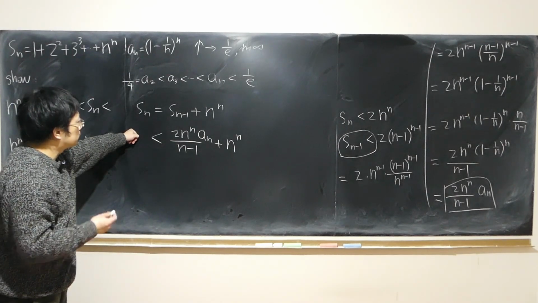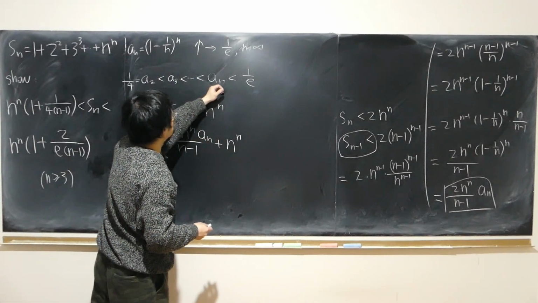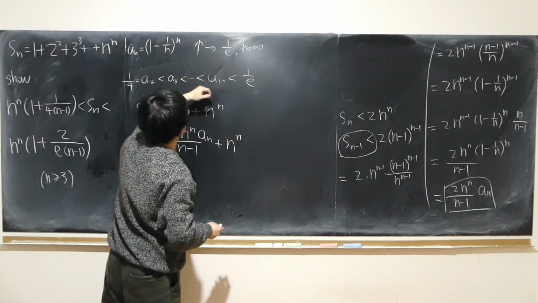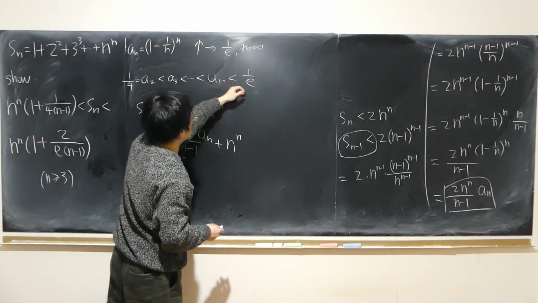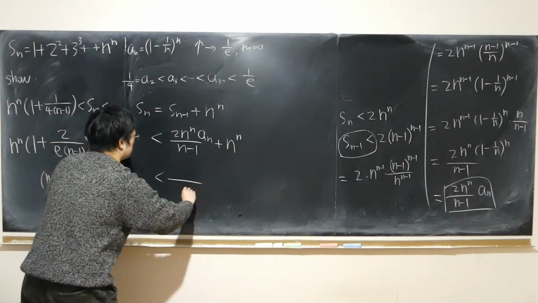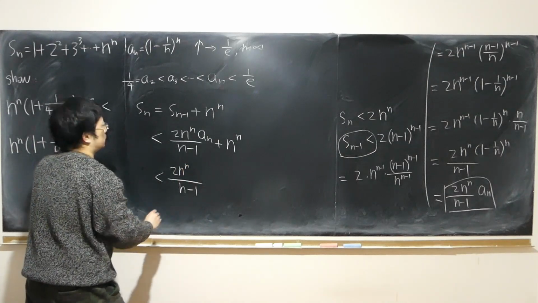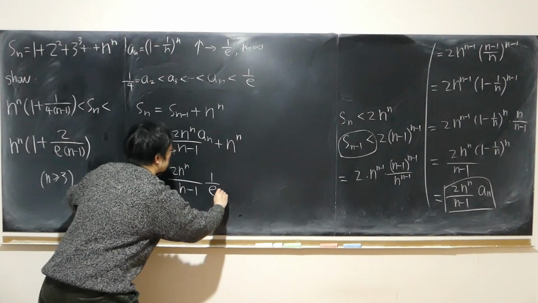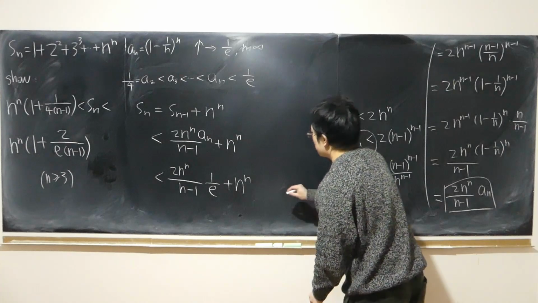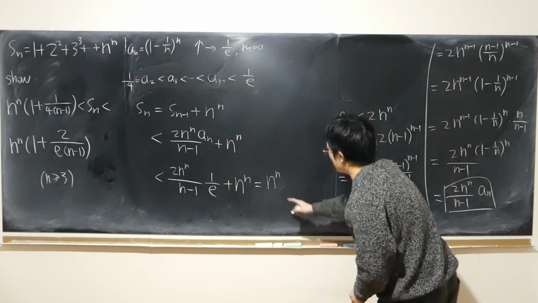Which means here I can further loosen an. Like I said, an here: first, I proved an is increasingly approaching, so in other words, an has to be less than 1 over e, right? So loosen it by that. So less than n minus 1, 2 times n to the power of n times 1 over e, plus n to the power of n. Right? So this time I can just factor out n to the power of n.